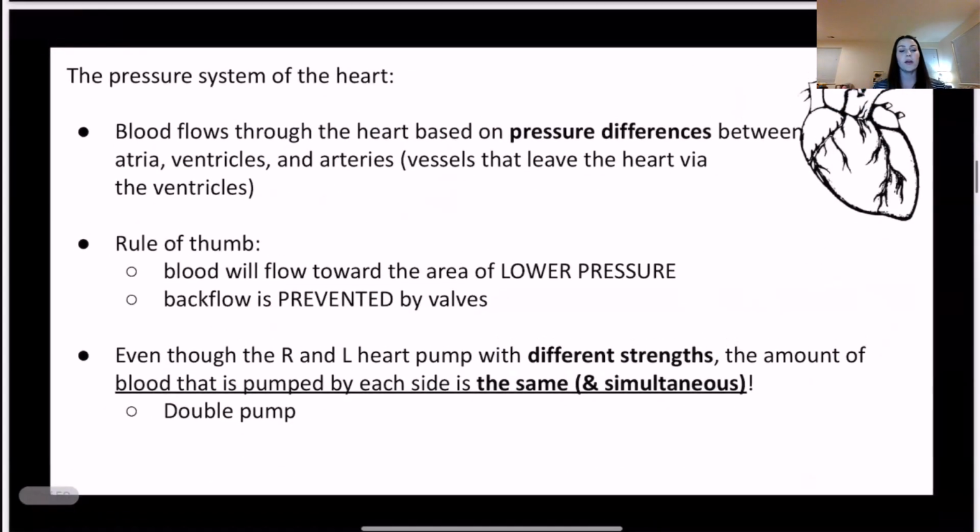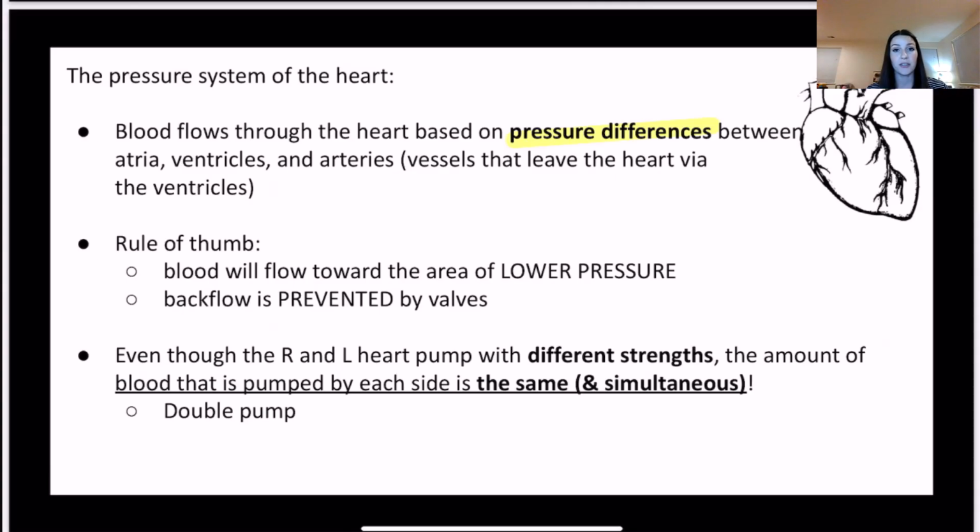Okay, so where we left off last time was talking about the pressure system of the heart. How the heart works is just pressure differences, and the physiology that we'll get to. Why the blood flows through the heart is just because there's pressure differences between the atria and the ventricles, and between the ventricles and those great vessels like the aorta and the pulmonary trunk.